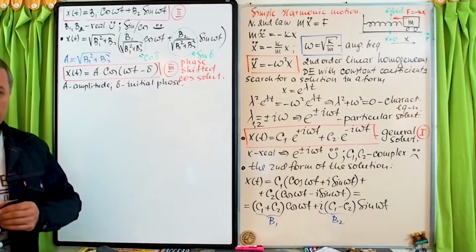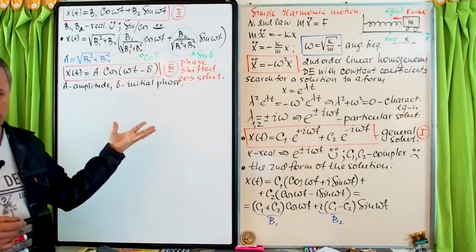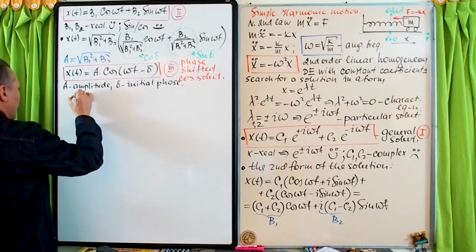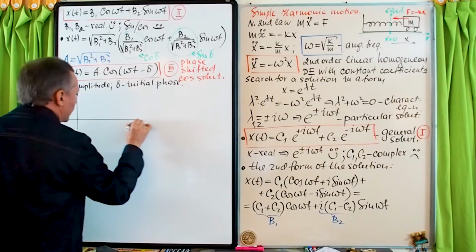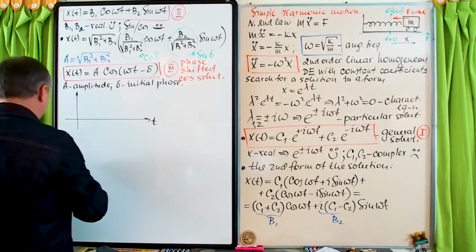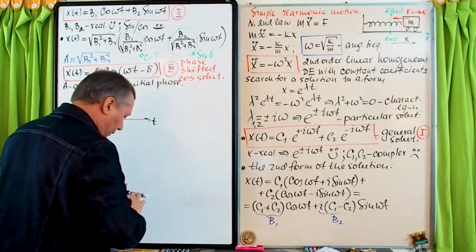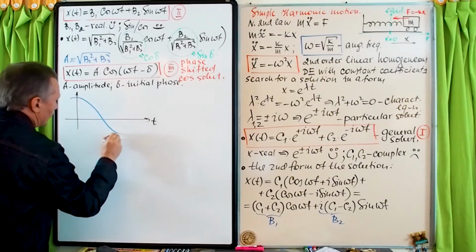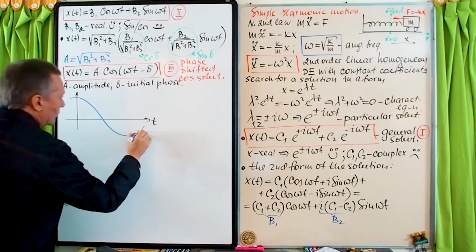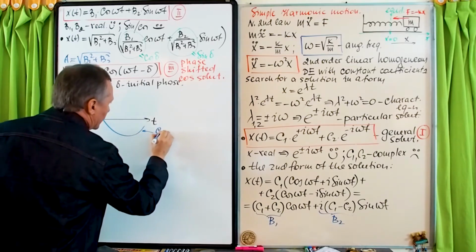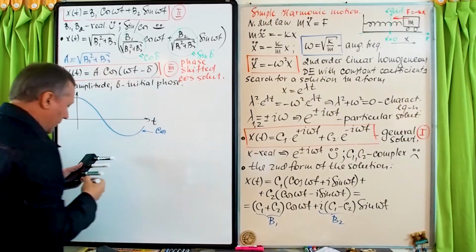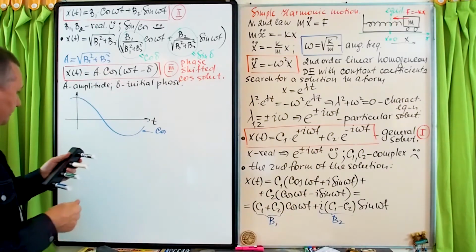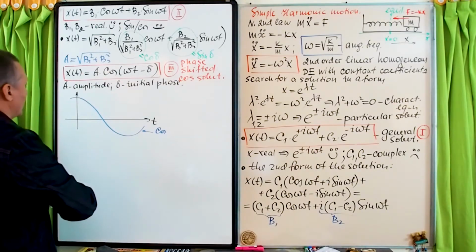Let me compare it with just a cosine function. Let me just plot quickly. So let's say I have something like this. Let's say this is t. First I will plot cosine. And what if I plot our function?